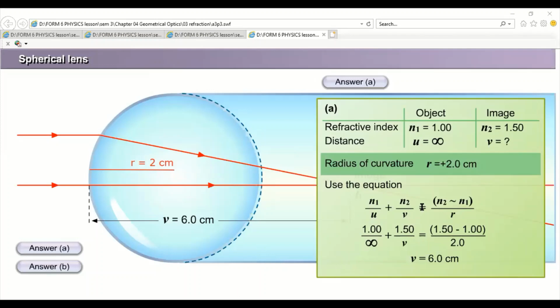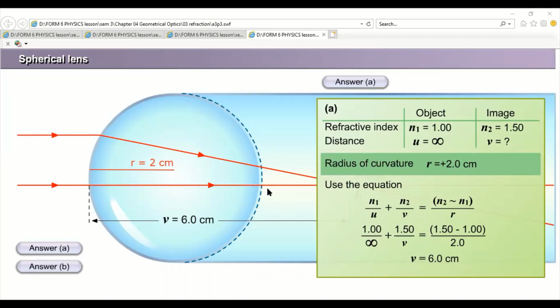So we calculate that, we get that V, the object is at infinity, the image will form at 6 cm from the point we refer to here. So from here, 6 cm, this means that the concave surface is just 4 cm thick only.